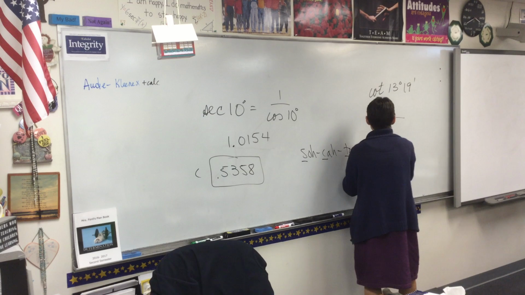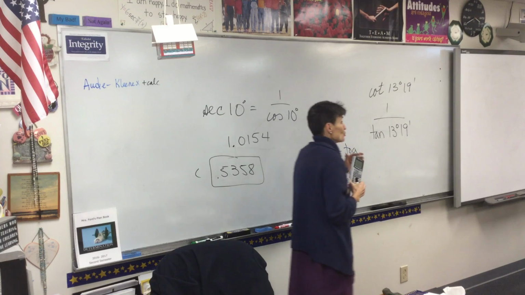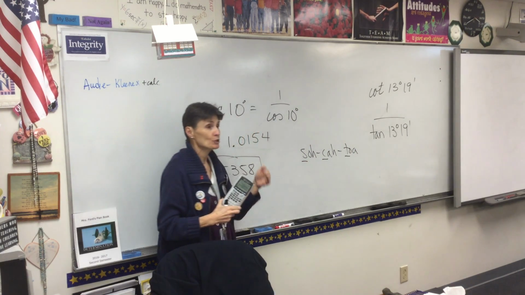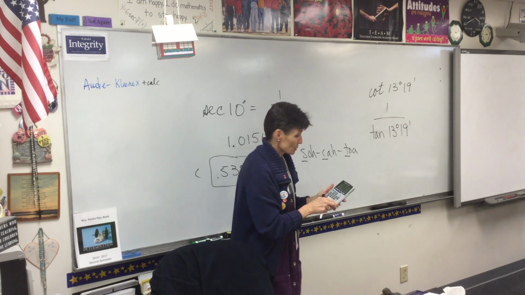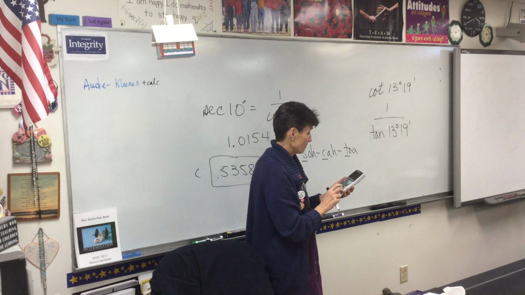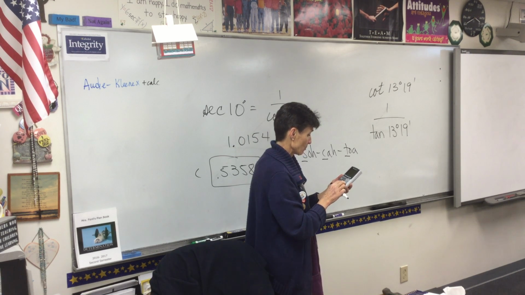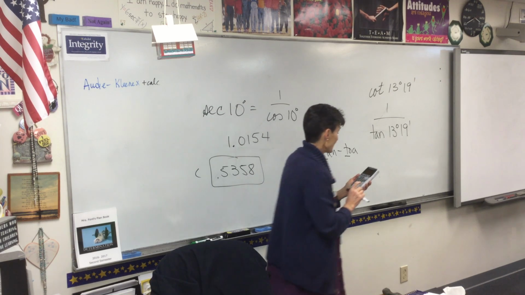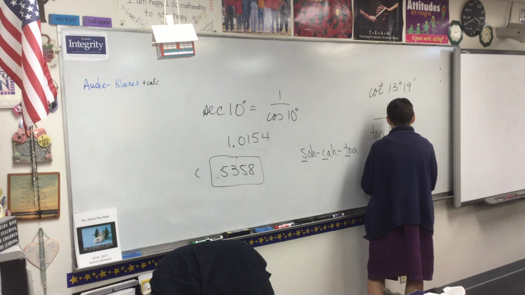To get your reciprocal functions, you type 1 divided by. So 1 divided by tangent, 13, second, apps, enter, 19, second, apps, down 1, enter. And you should have gotten 4.2248. Is that what you got?